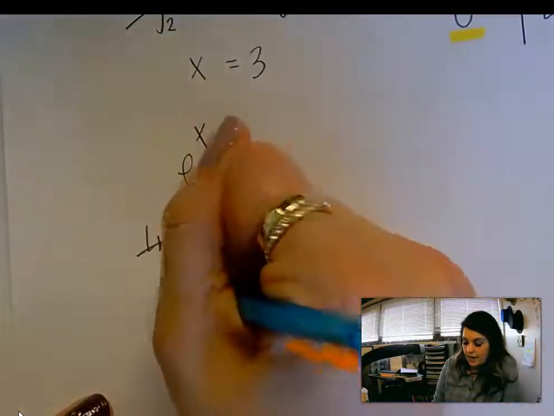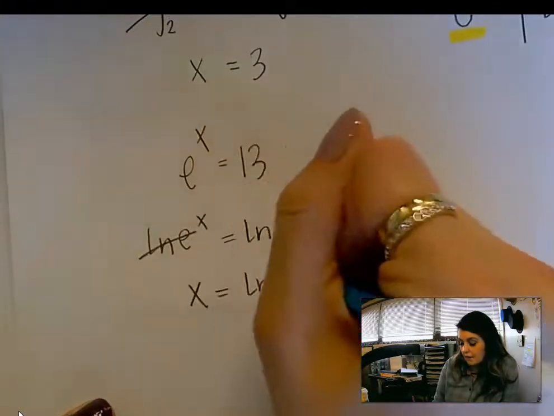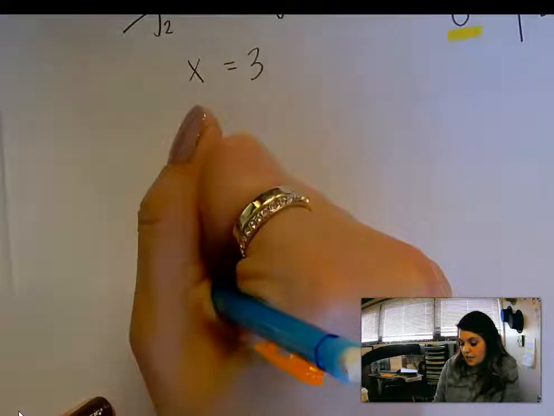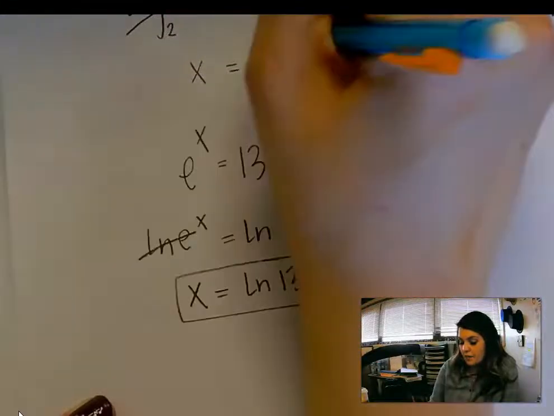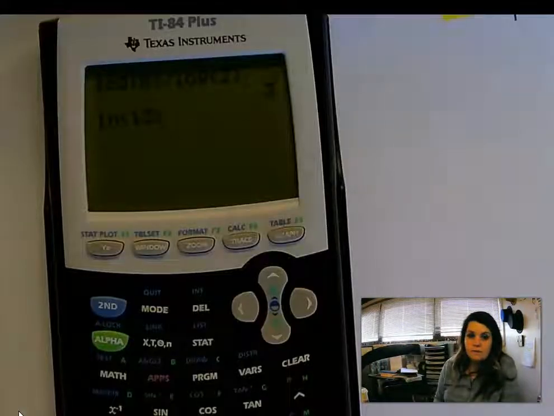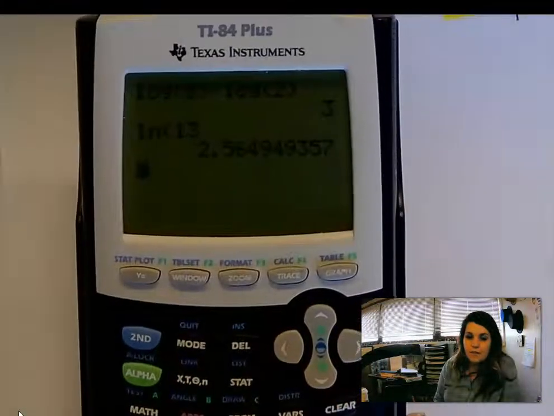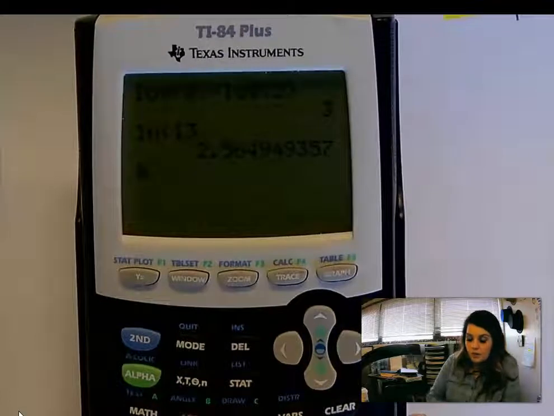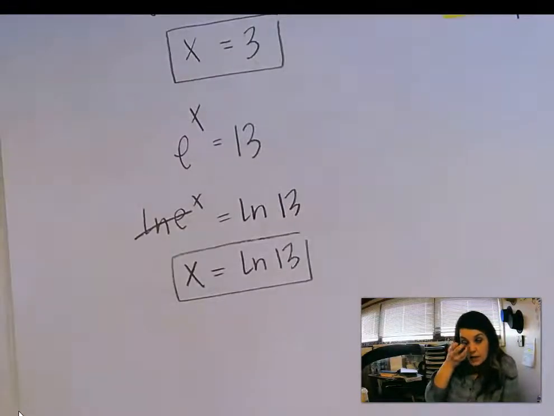On the left, I have x, and on the right, I have natural log 13, and we're just going to leave it like that. Natural log 13 is the exact value. The approximate value would be 2.5649, but we just want to leave it as natural log 13.